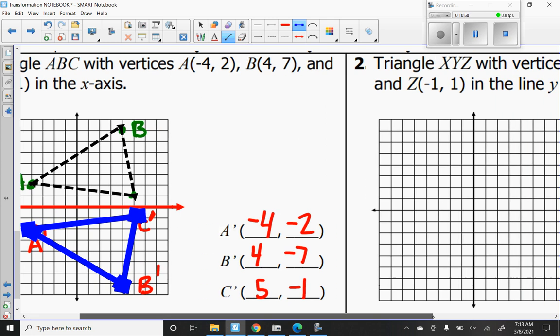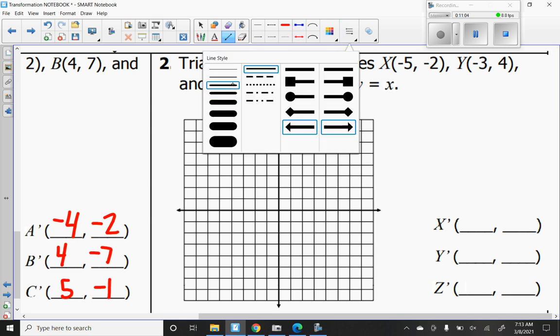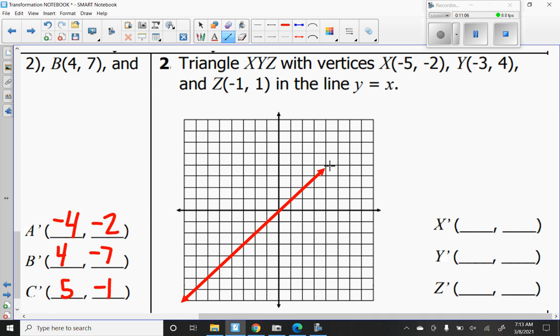One more time. Y equals x, which is our positive diagonal. All right. Plot the original in green, -5, -2. 1, 2, 3, 4, 5, 1, 2.